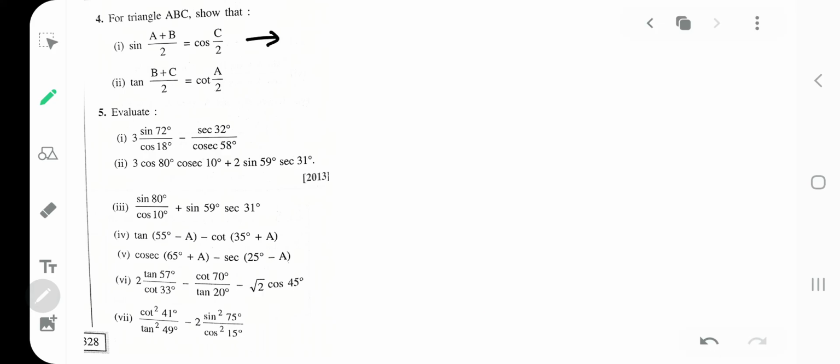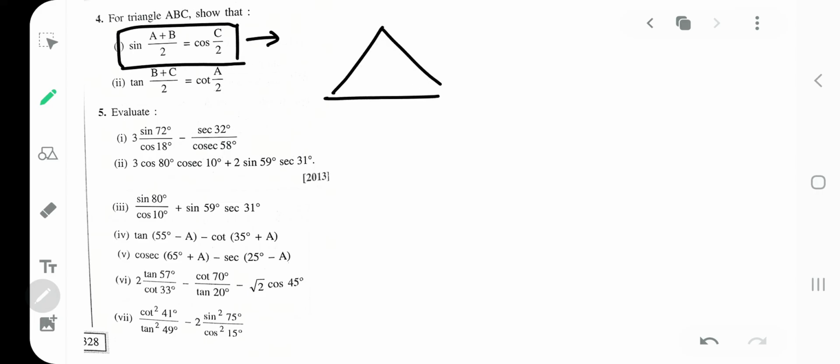Next we have, for a triangle ABC, you have to prove this. My dear kids, if 3 angles are there, A, B, C, can I write angle A plus angle B plus angle C is equal to 180? Now as per my requirement, on the left hand side I have A plus B upon 2.